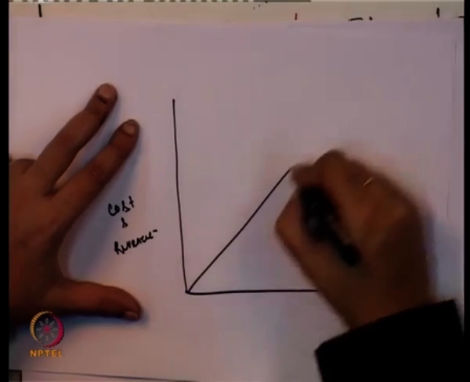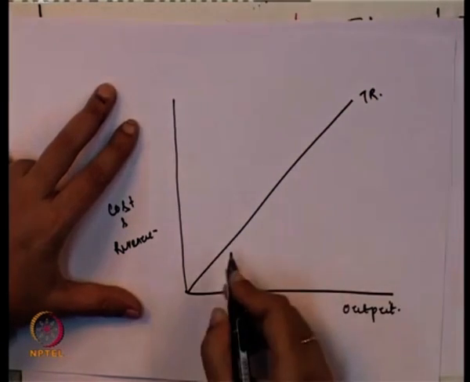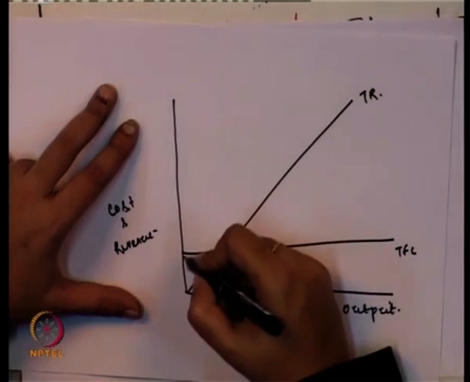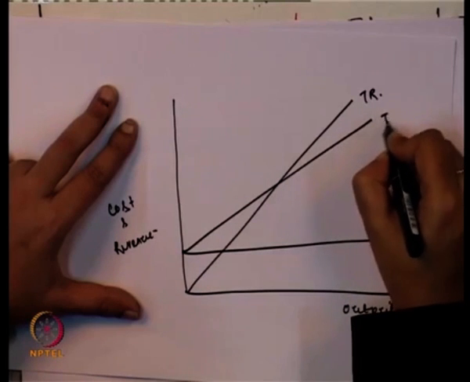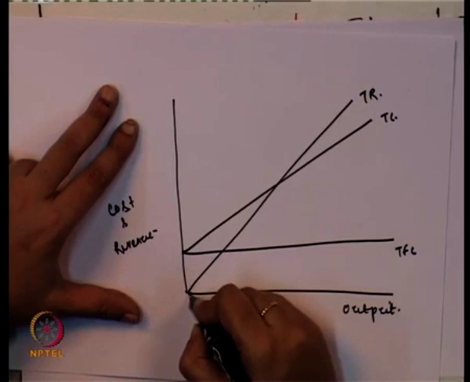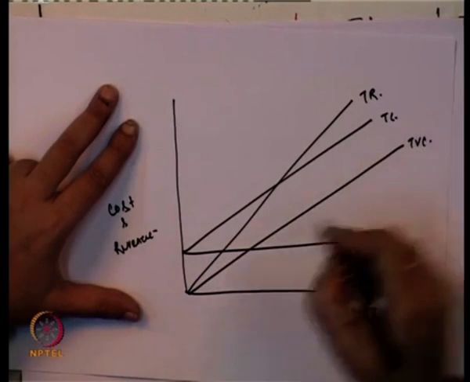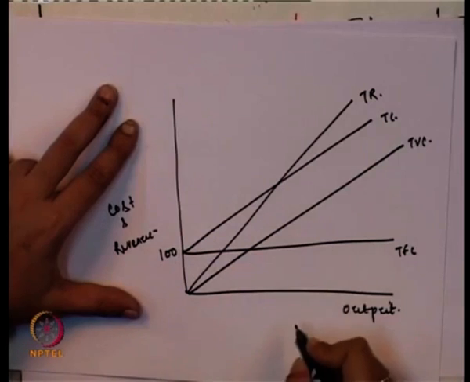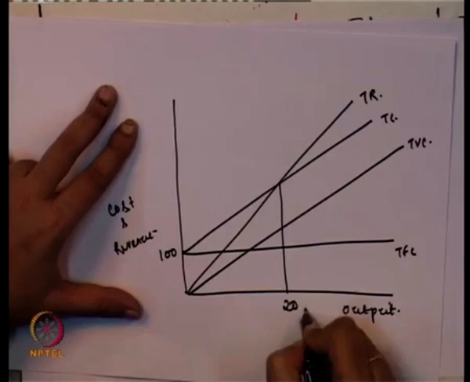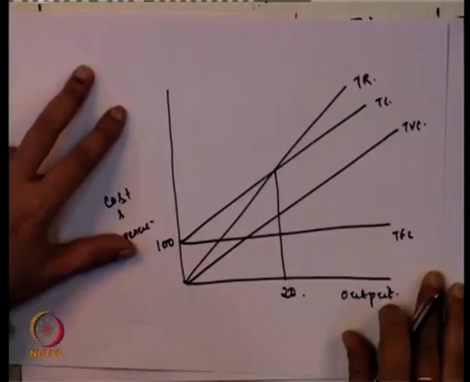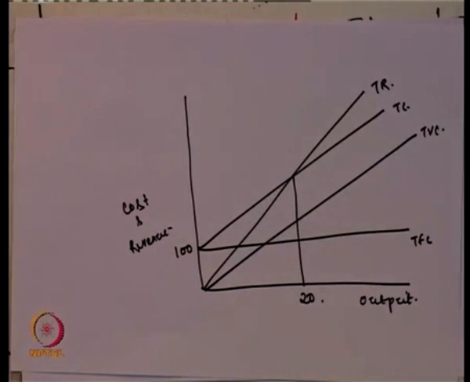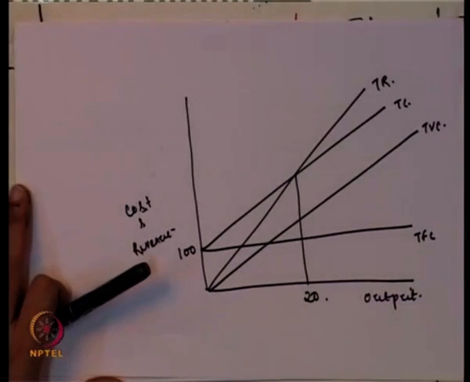So, this is the total revenue, this is the total fixed cost, this is the total cost, and this is the total variable cost. This is 100 and this is 20.